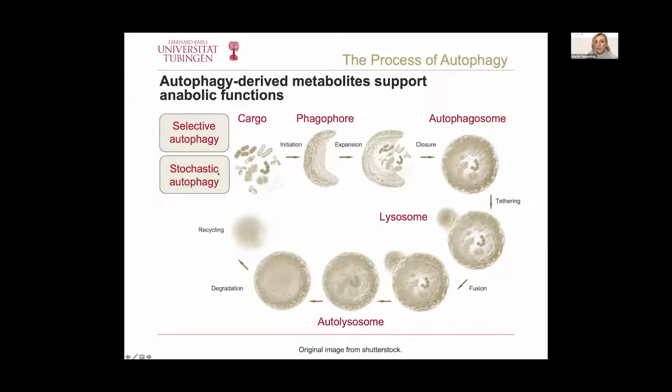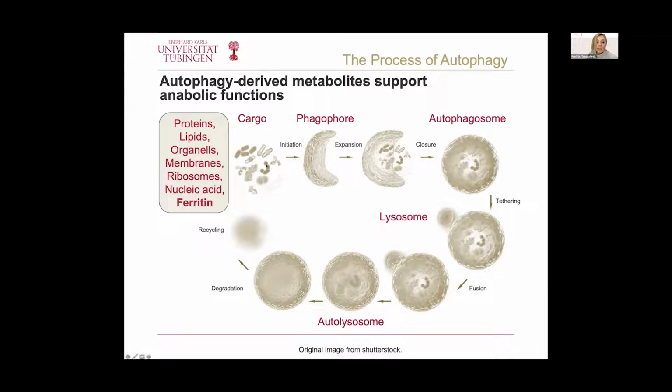And then there's stochastic autophagy, meaning parts of the cell become sequestered, and thereby also the material that is there in this growing membrane, and then stochastically material is degraded. That basically keeps our cells young and, as I said, contributes to securing cellular homeostasis.